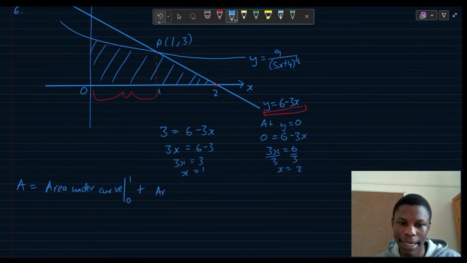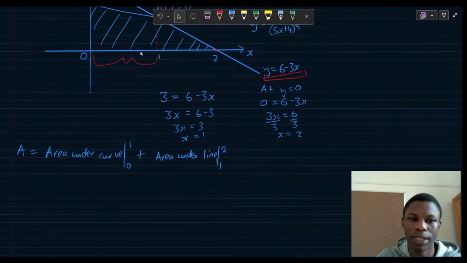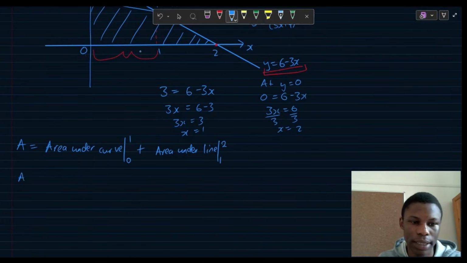So plus the area under the line from 1 to 2. And so to get those areas, we can just integrate.